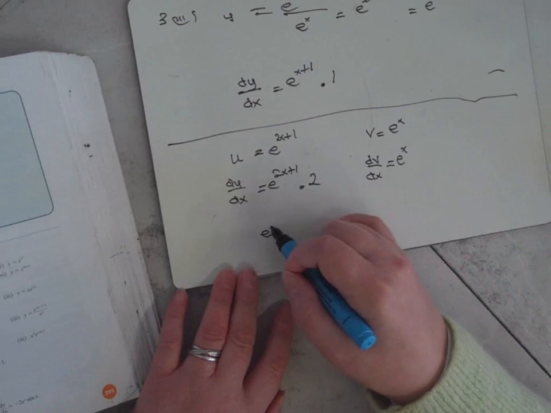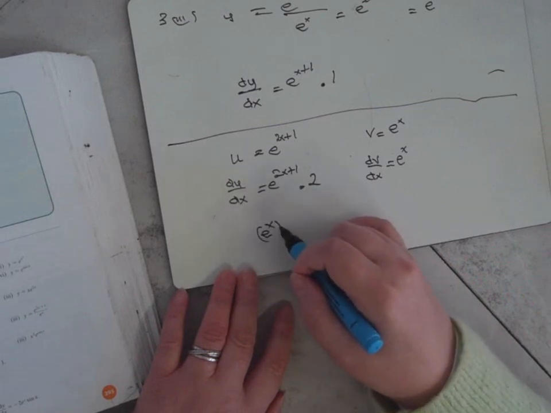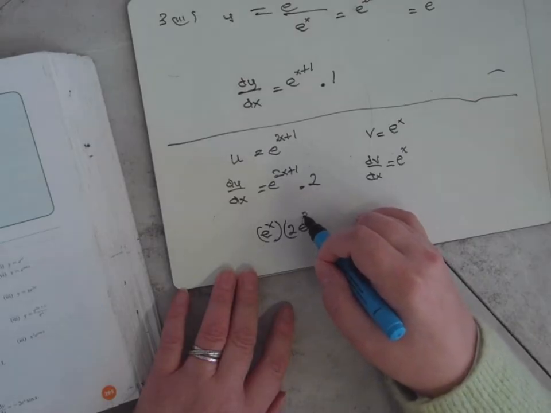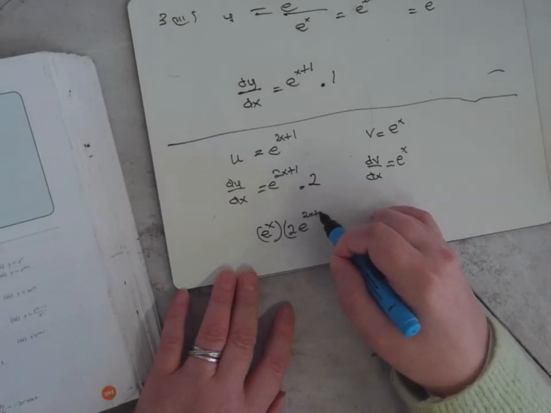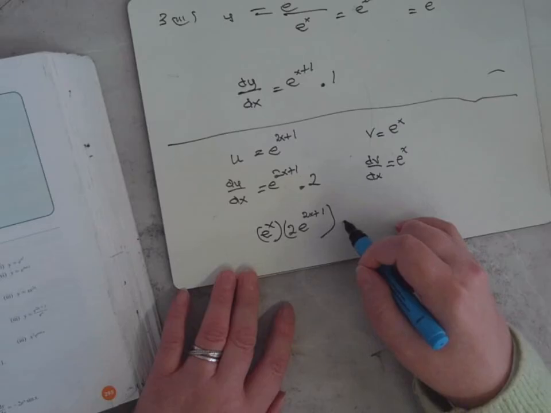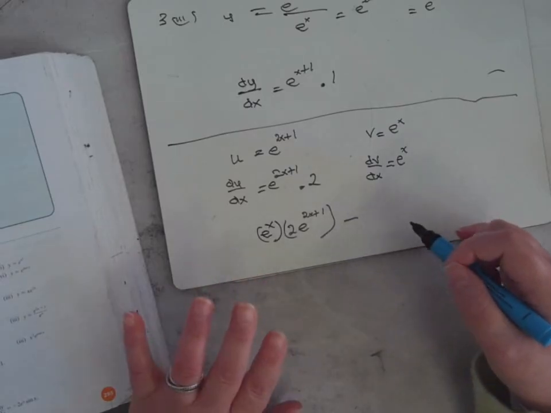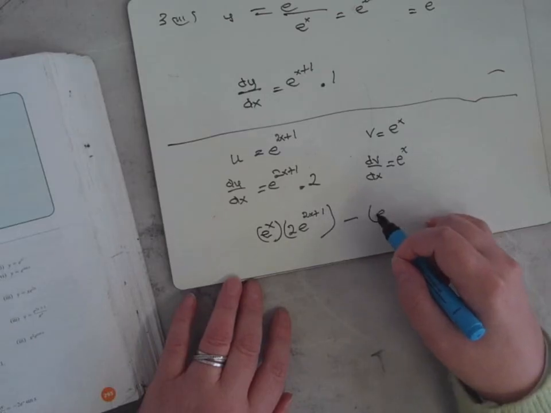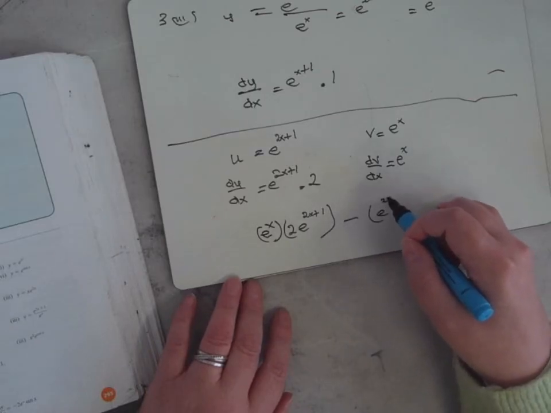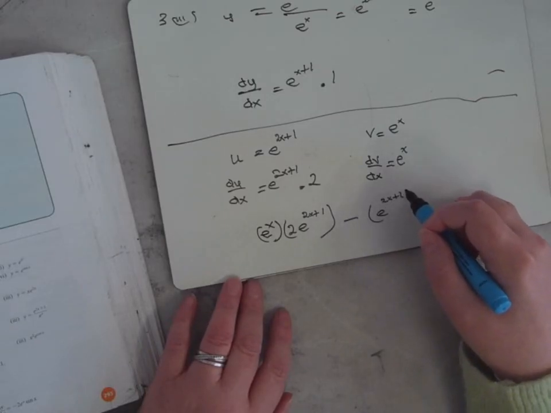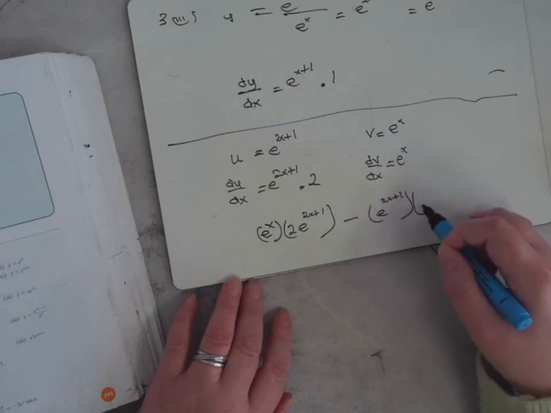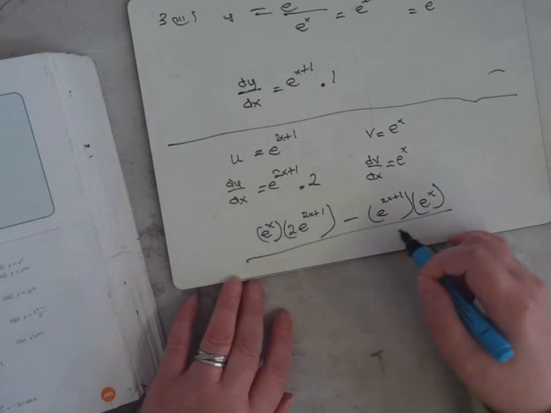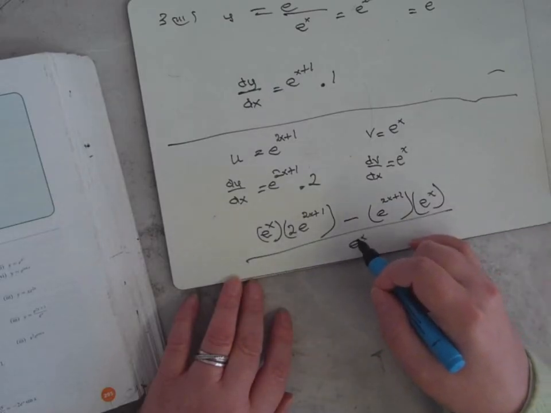It's v multiplied by du dx, which is 2e to the power of 2x plus 1, minus e to the power of 2x plus 1 multiplied by dv dx, which is e to the power of x, and that's divided by e to the power of x, all squared.